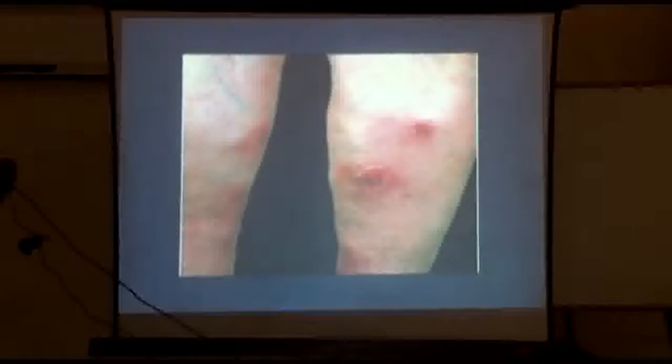The type of panniculitis that you get there is a septal panniculitis, which has to be differentiated from a lobular panniculitis, which we get in erythema induratum of Bazin. In Bazin's disease, you get a lobular panniculitis, whereas you get a septal panniculitis in erythema nodosum.